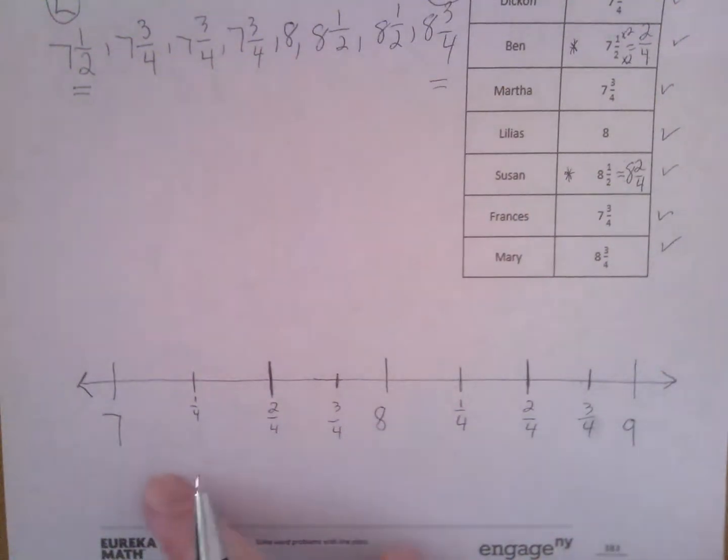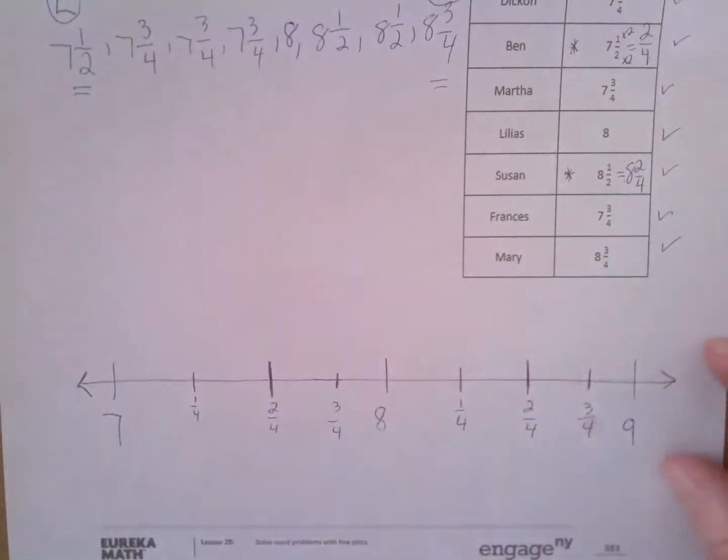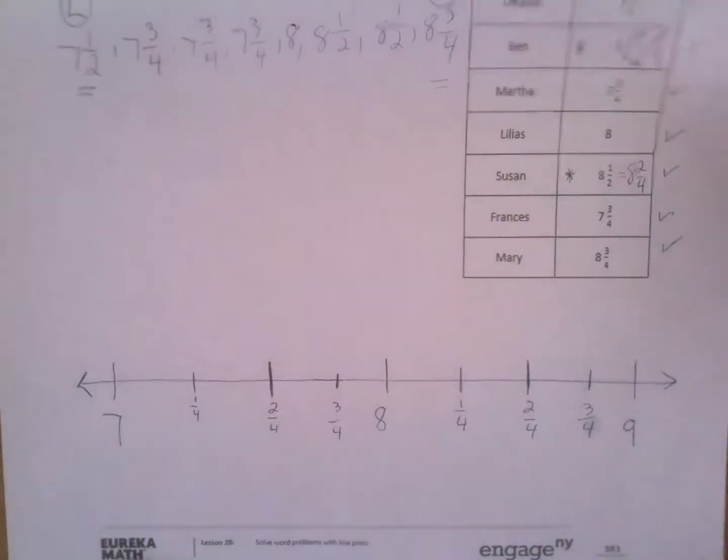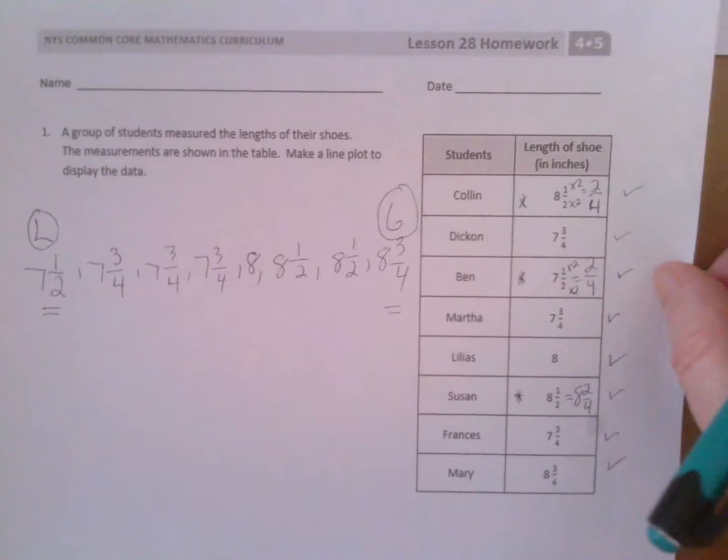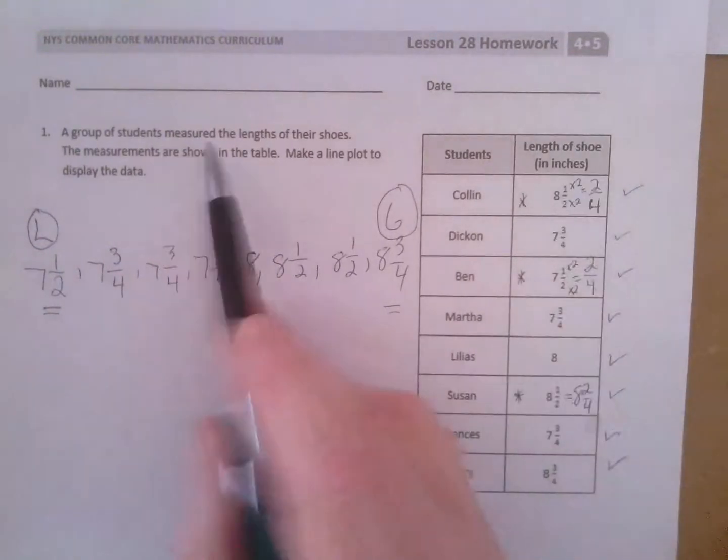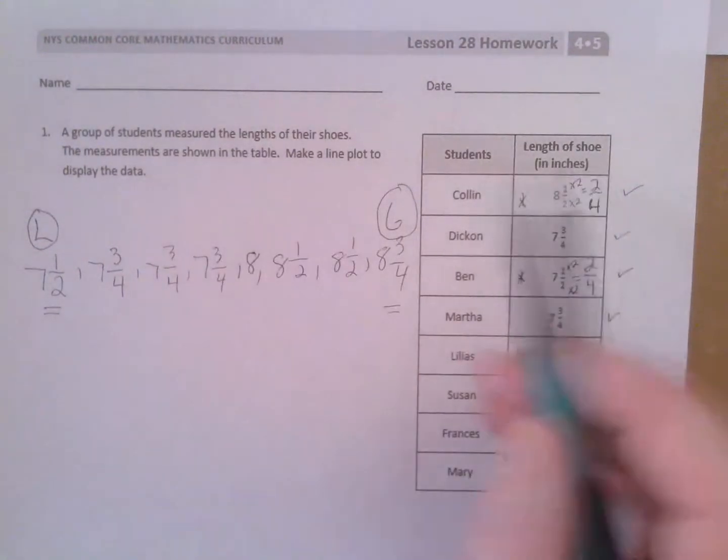Okay, so now I have my numbers all on my line plot. And we also need to label this. What does this line plot represent? So I need a title. And if we go back to our data, the title was that the students measured the lengths of their shoes.